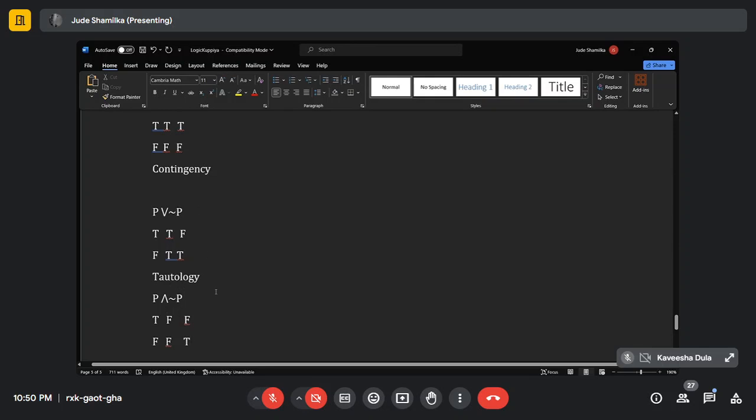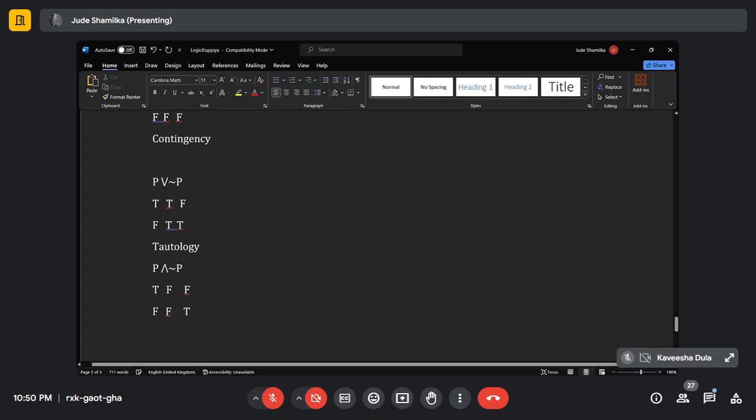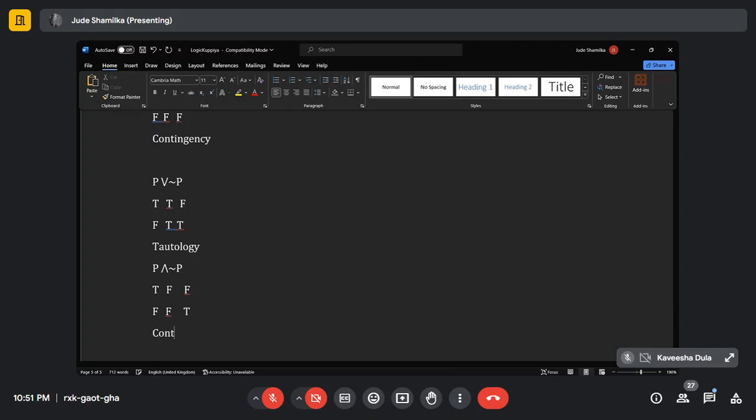So here we have got a line of F's, which means this is a contradiction. Okay, then we are moving on to the next parts left. Then we are going to build logical equivalences.